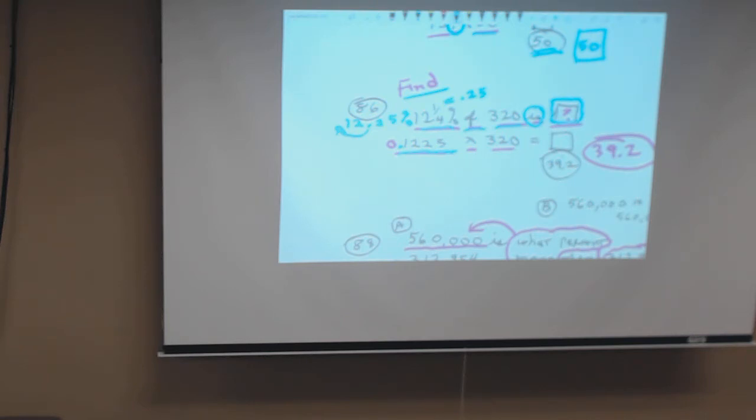So I have 0.1225 times 320, and that'll be my empty box. 0.1225 times 320 equals 39.2. Looks good to me.